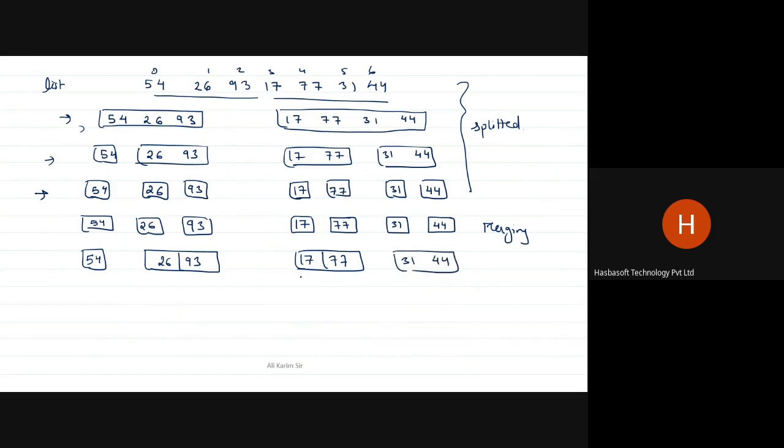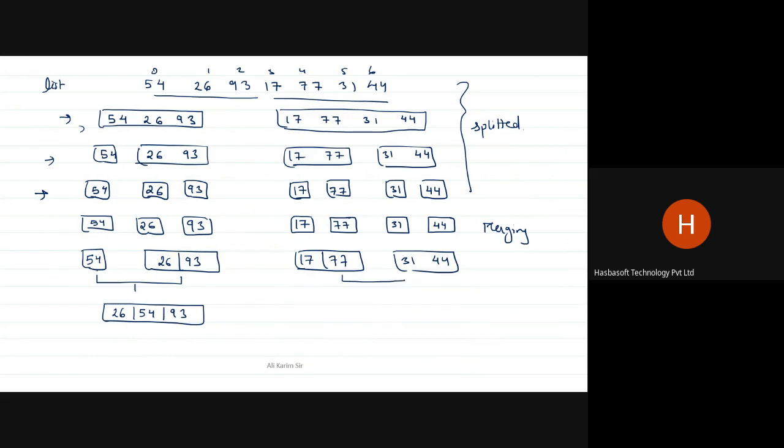Seems already sorted, right? Now when I sort these two, I'm going to merge them. Here I need to sort this array with this array. So I will take 26 here, then 54, then 93.